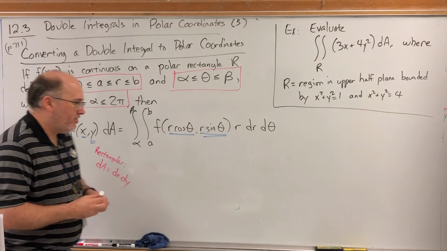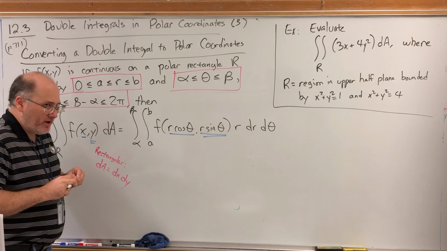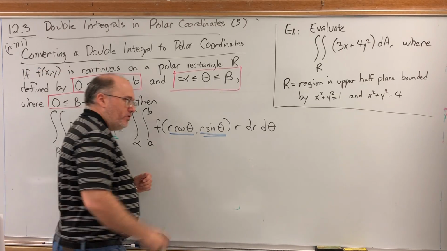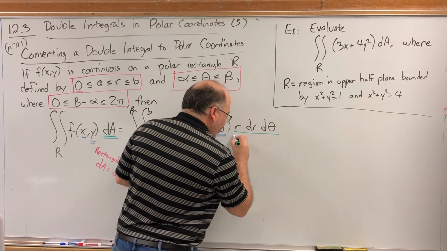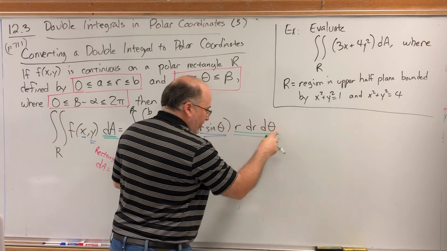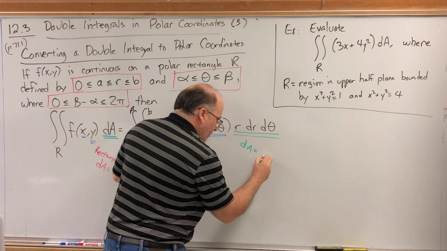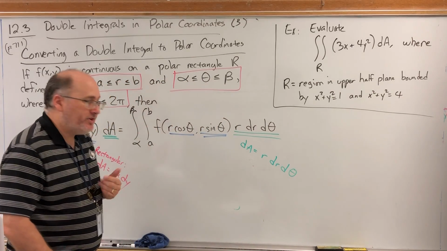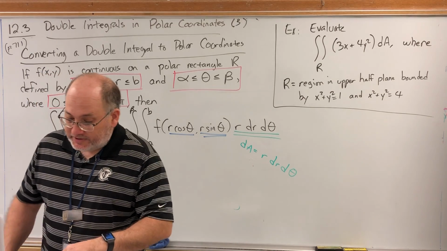But here's the thing that seems to come out of nowhere. The dA in polar coordinates is r dr d theta. Why does that r sneak in? Well, there's 2 ways I can explain that briefly, but not in detail.